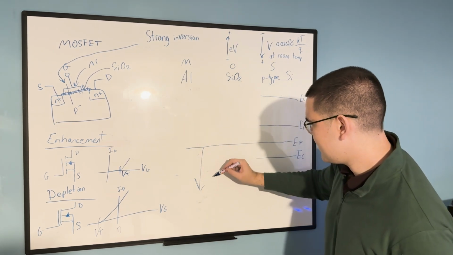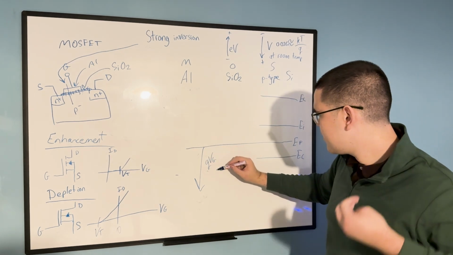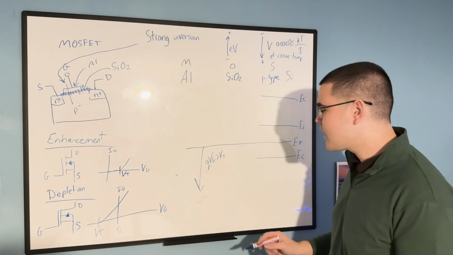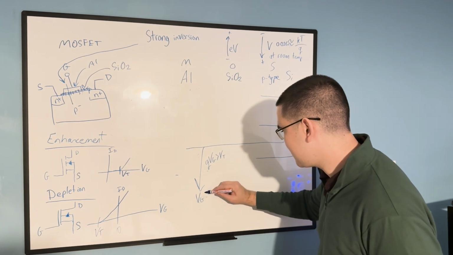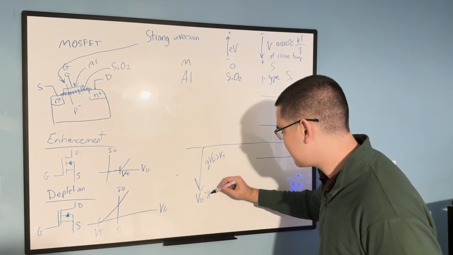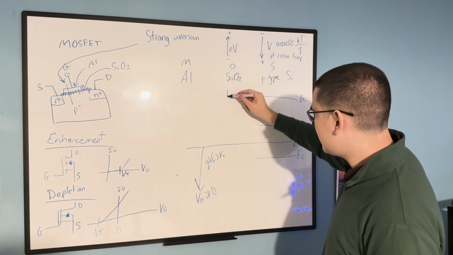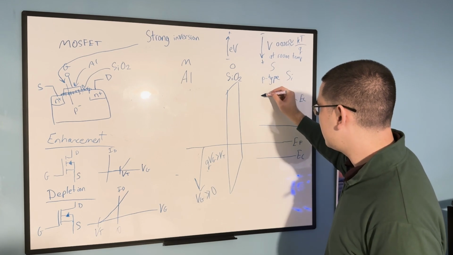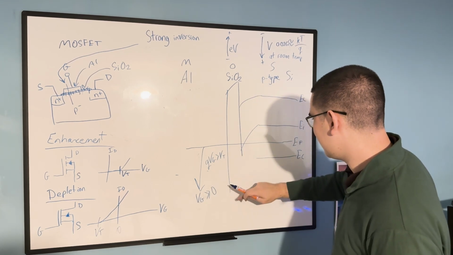Again, this is down because it's positive. This time it's greater than the threshold voltage, and we can assume that this threshold voltage is much greater than 0. And of course, this will bend down.